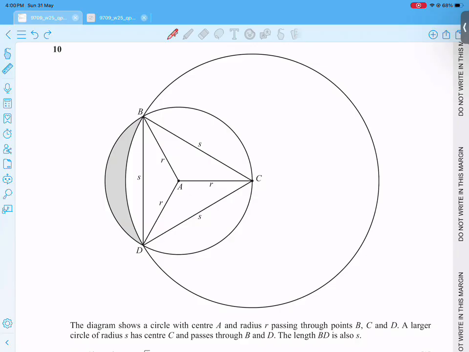If you look carefully, this triangle, this triangle and this triangle are all three equal triangles. If I find the area of one, I can find the area of all three.